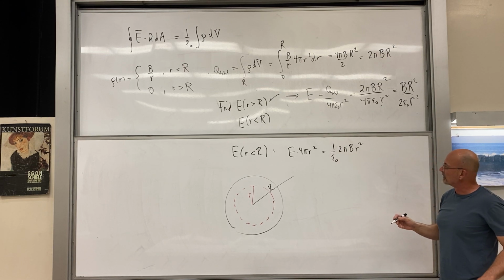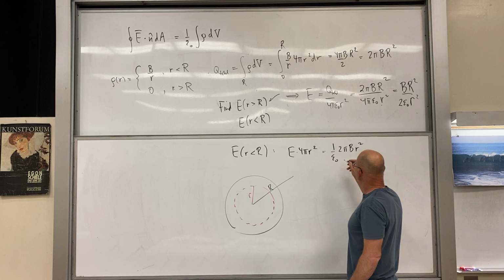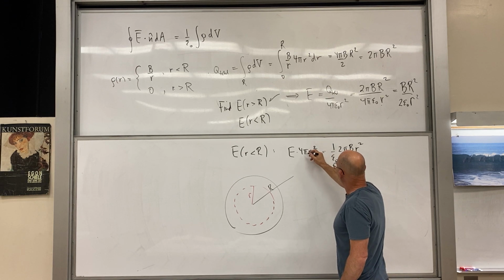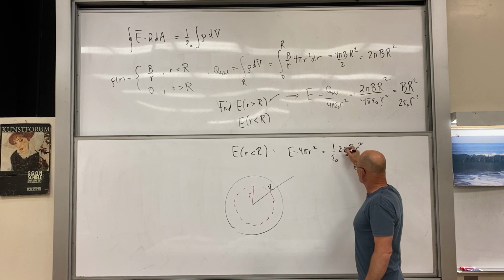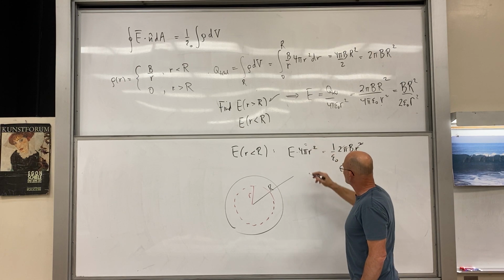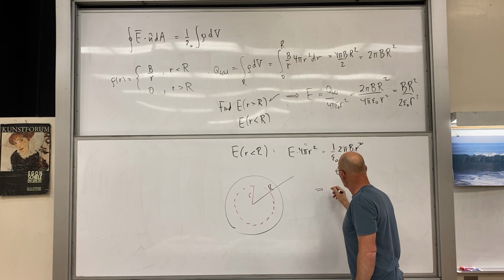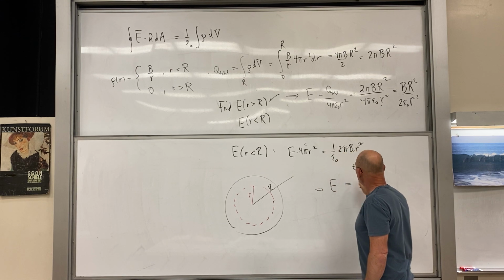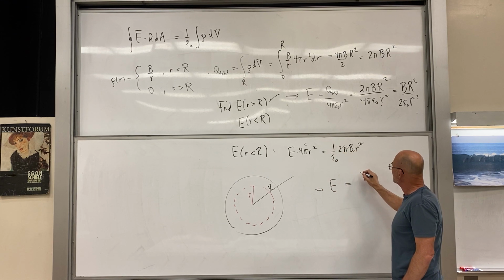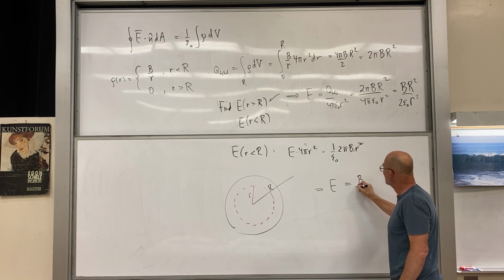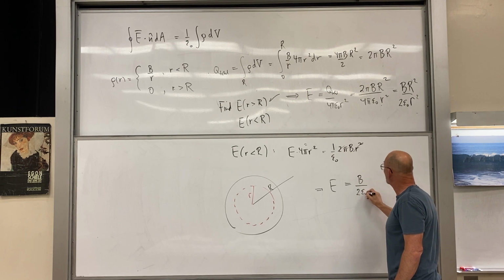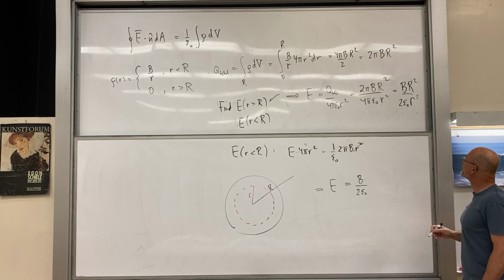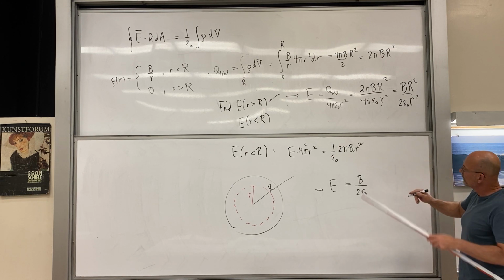And now things are different, right? We're going to be able to cancel pi r squared, and get rid of the 2 here, we'll have a 2 up there, and we will get E equals B over 2 epsilon naught. Okay, now how does that match up with this one right here?